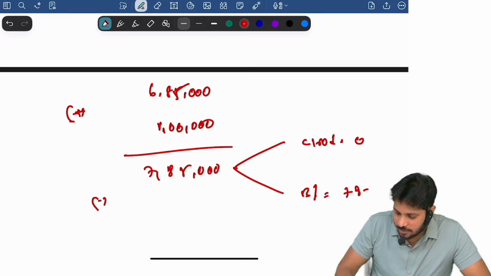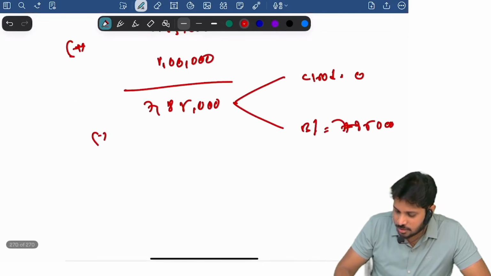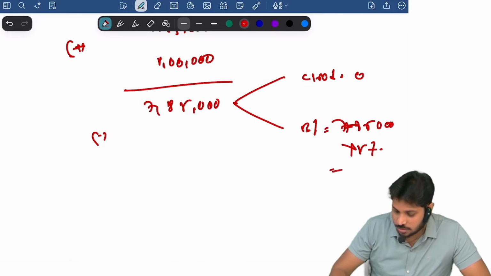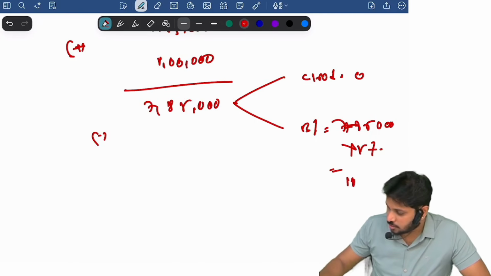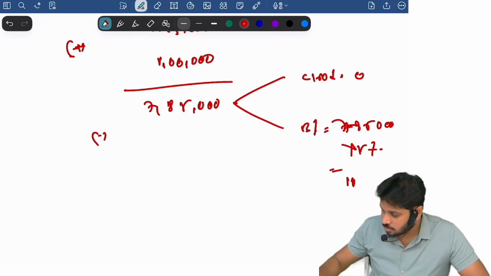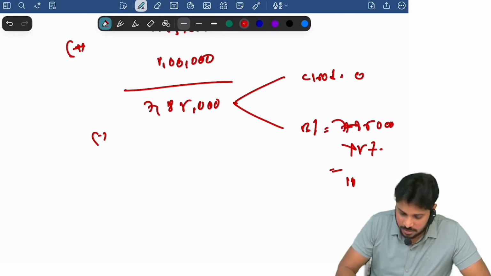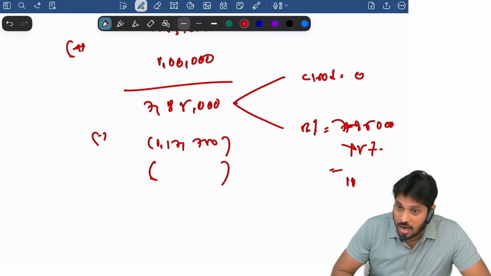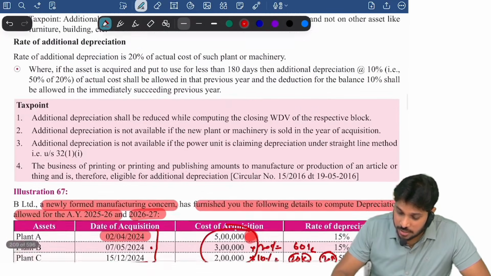Balancing figure 7,85,000 into 15% is 1,17,750. This is normal. We should also reduce additional depreciation we already computed and kept.